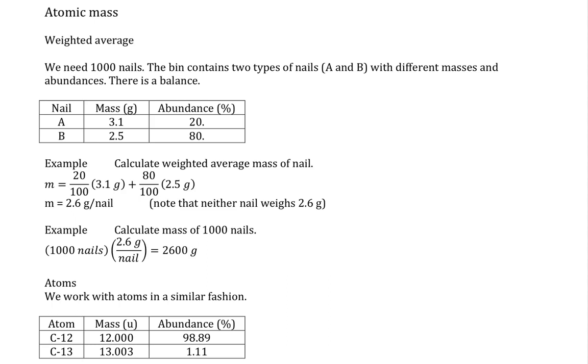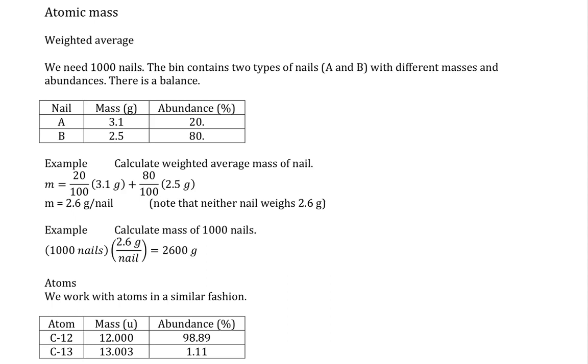That weighted average mass is the abundance divided by 100, we're getting rid of percent. So it'd be the abundance of nail A over 100 times its mass plus the abundance over 100 of nail B times its mass.